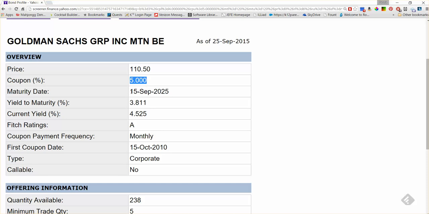If I sell this bond to somebody who wants to earn a rate higher than 3.81%, then they're going to be willing to pay less than $110.50. Because the only way to boost this rate of return is to pay less for the bond when you buy it, because it's a fixed rate security like a mortgage. So that's why prices of bonds fluctuate all the time, because investors' desired rates of return fluctuate all the time.